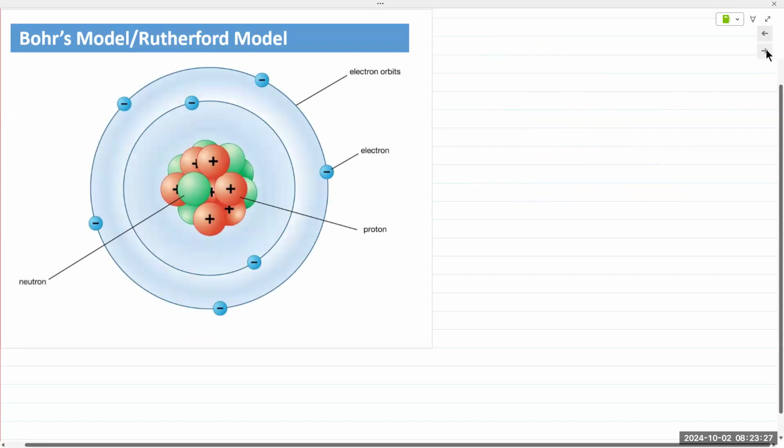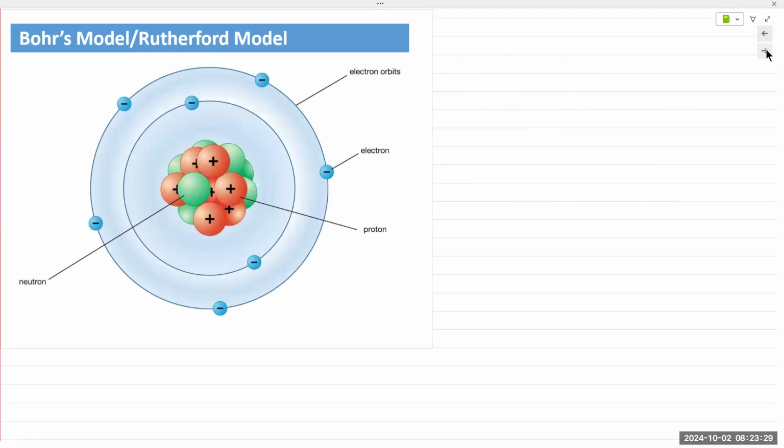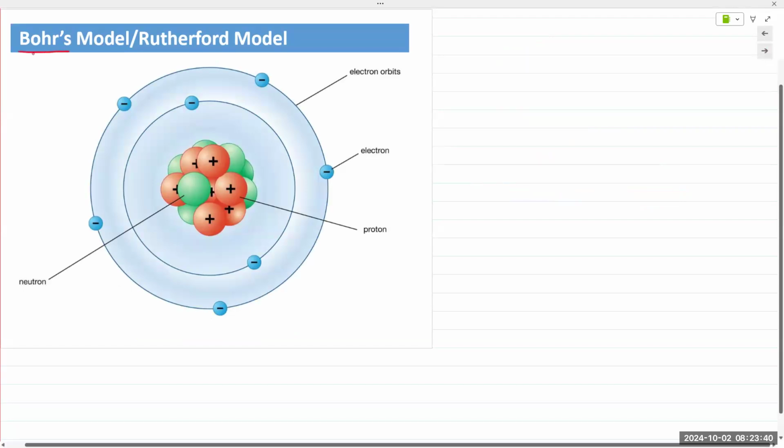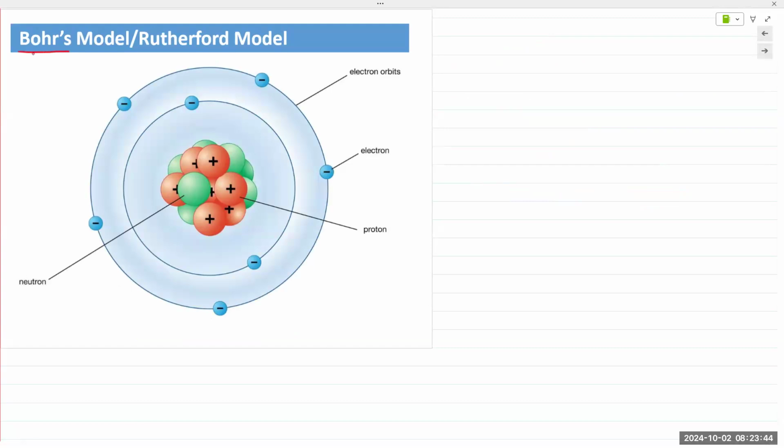In the last couple of hundred years, there have been researchers and physicists who have postulated many models of the atomic structure, right? One of the most famous ones that had been in use for a long time was developed by Niels Bohr, known as Bohr's model. It was actually a modification of the Rutherford model. Rutherford did an experiment where he fired positively charged particles at a very thin sheet of gold.